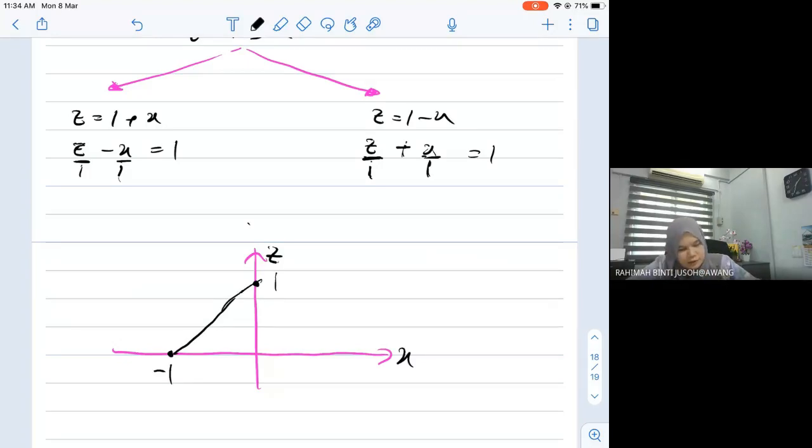And then the second line, z equals 1, x equals positive 1. Like that. The left side is the equation z equals 1 plus x. The right side is z equals 1 minus x.